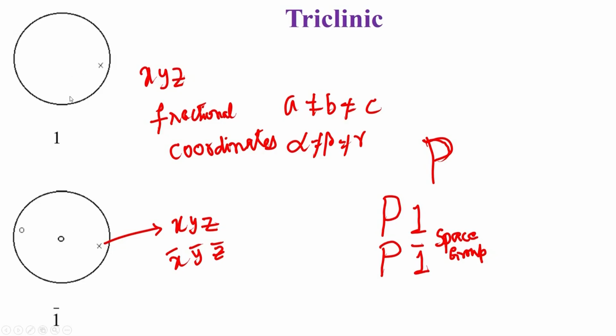If it is a symmetry associated with 1, it gives you only one position. That means the number of equivalent points in this particular case is 1, and that is normally referred to with the symbol Z. So, Z is equal to 1. That means there is one molecule. If there is a molecule sitting inside this triclinic cell, there is one molecule in the unit cell, because this is the unit cell.